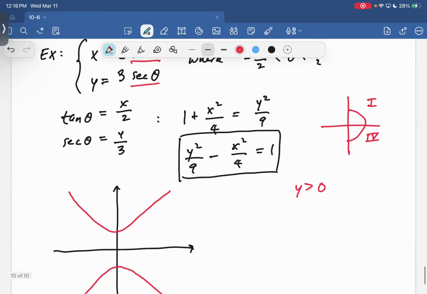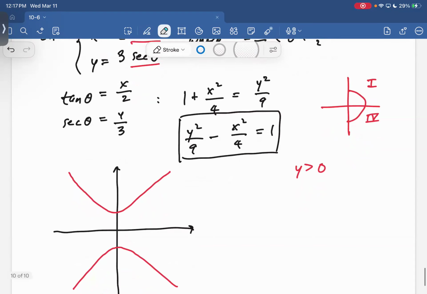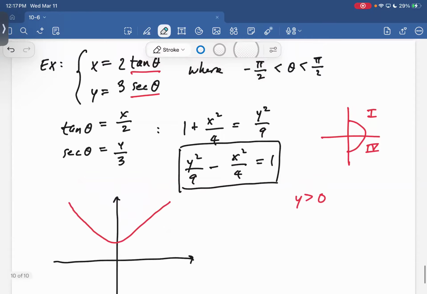In fact, y has to be greater than or equal to 3, because secant is always greater than or equal to 1, right? But you can just think about the signs, and because y is always positive, that means that we're only going to have the upper branch of the hyperbola. And so this would be our final answer. The upper branch in total. It does not go out of the range because y has to be positive, but x can be all real numbers because x is tangent.